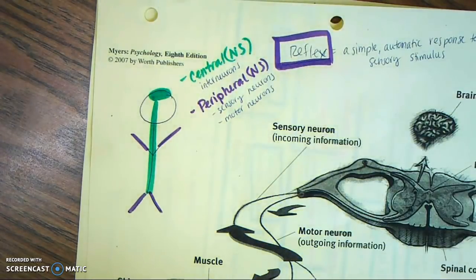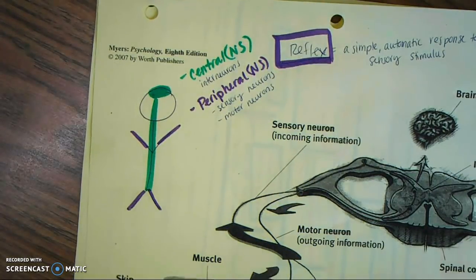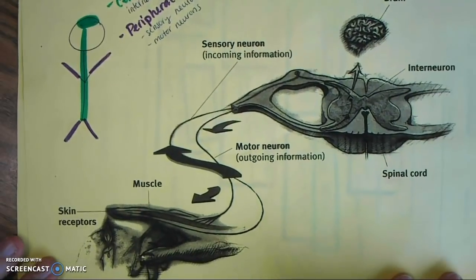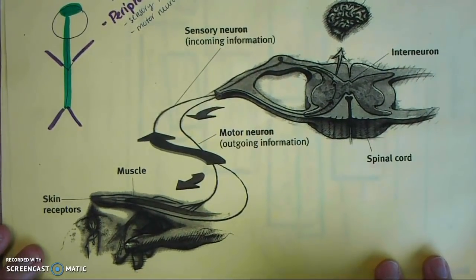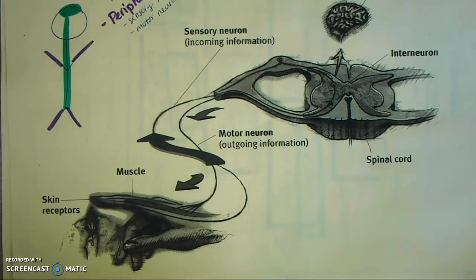So the question is, how do reflexes actually work? And this is showing you a diagram of what actually happens for a reflex. I want you to think of a time that you've burned yourself, and I hope this has never happened. I went to pull a pot off the stove, and I thought the handles were insulated enough, and apparently they weren't, and I burned myself.